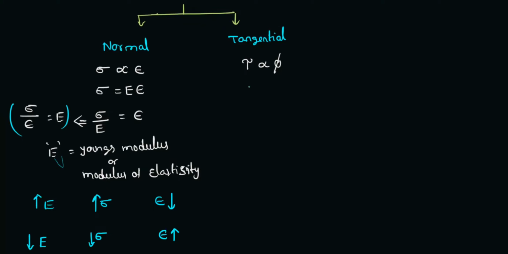Shear stress is directly proportional to shear strain. That is, tau equals some constant times the shear strain. What is this constant? G. Shear stress divided by shear strain. This value again gives the idea of what happens to the shear stress and shear strain. First of all, let us know what the G value is.